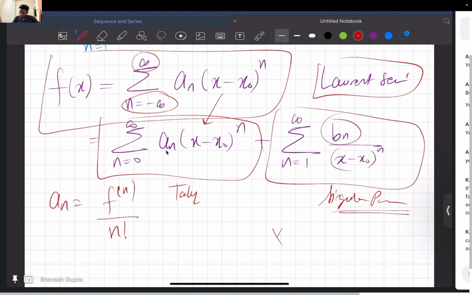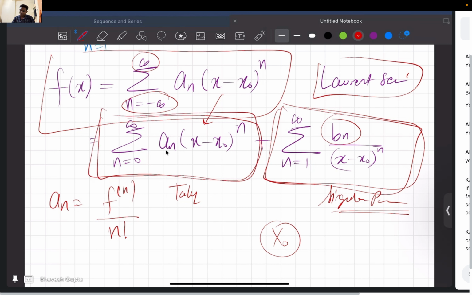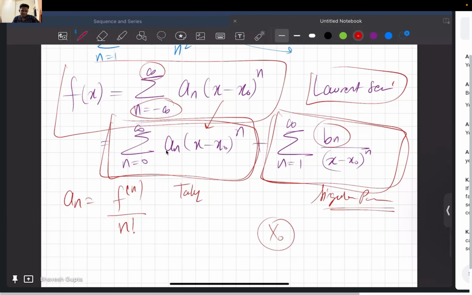If your x naught is a singular point, then this singular part becomes essential, because that is the important part now. But when x naught is not a singular point, then we can say the Taylor part is more important. Depending on the situation of x naught, this series takes care of all possibilities. So the Laurent series is a very good series, and you can say the Taylor series is a special case, a part of a Laurent series.